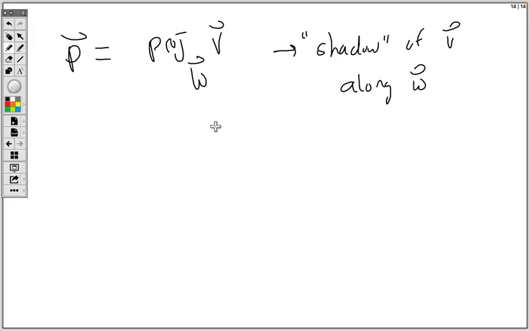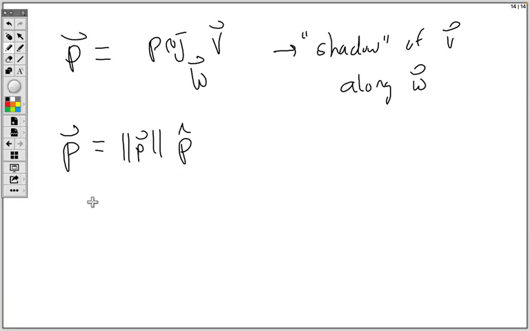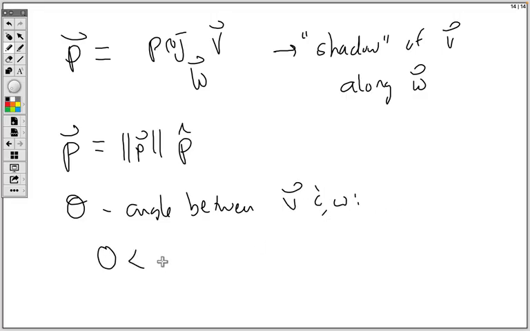All right? I want to figure out a formula for P. So like every vector, P is the product of its magnitude times its direction. Now there's a couple different cases here. The case that we've sketched here, we've got an acute angle theta. So we're going to assume that theta, the angle between V and W, is acute here.